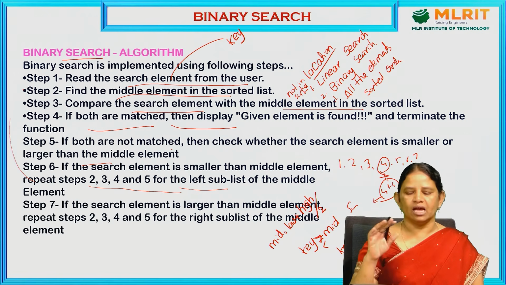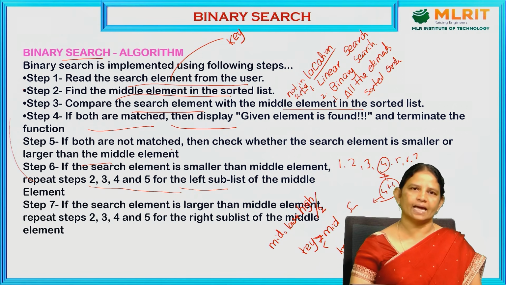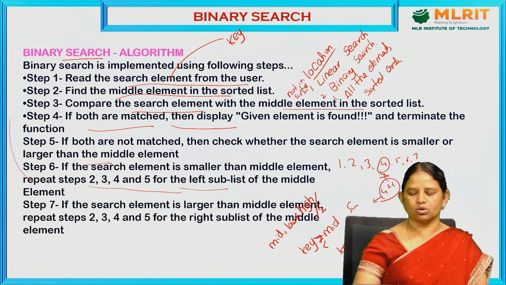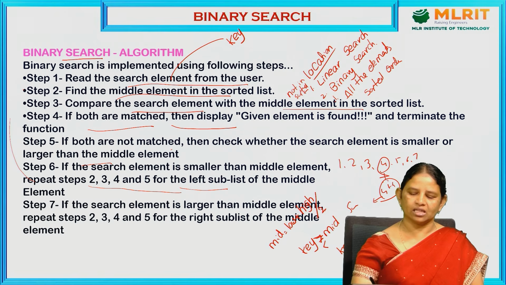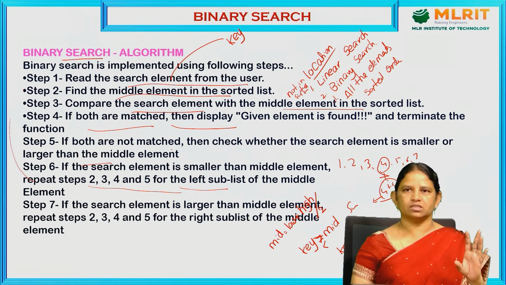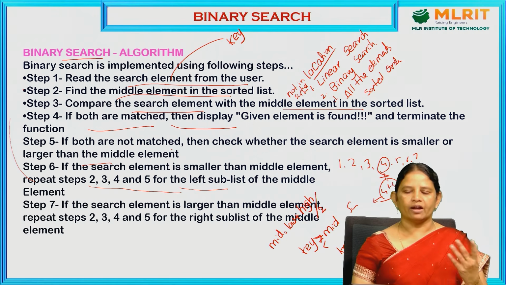If the key element is less than the middle element, you search only in the left sublist. If the key element is greater than the mid element, you concentrate on the right sublist. So the first step is to take the key element from the user and find the mid element.